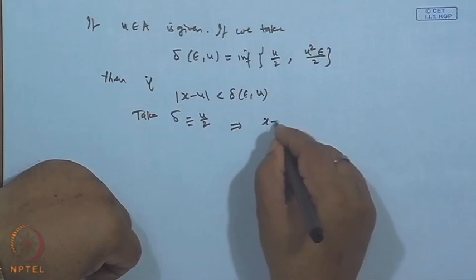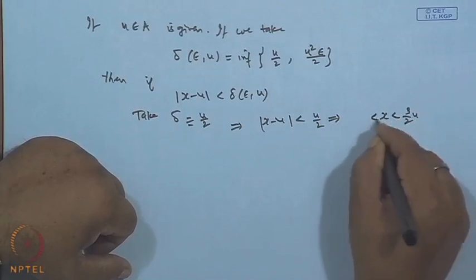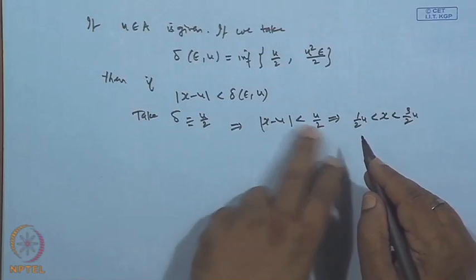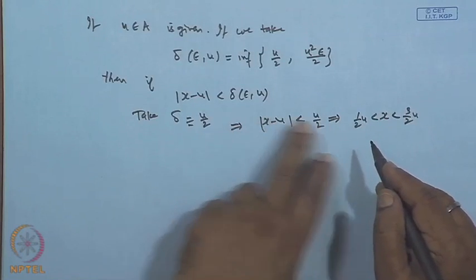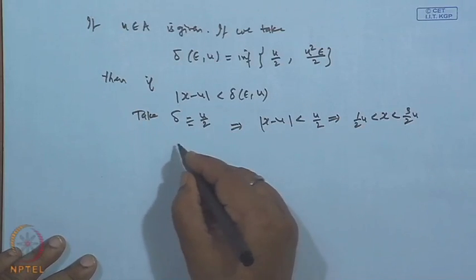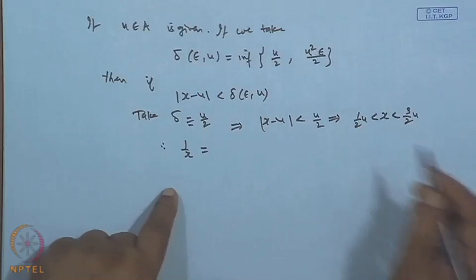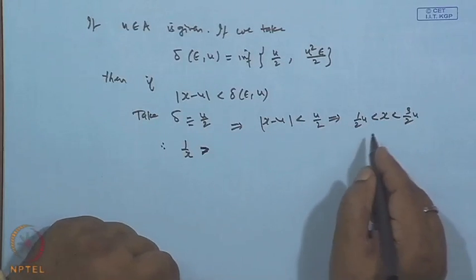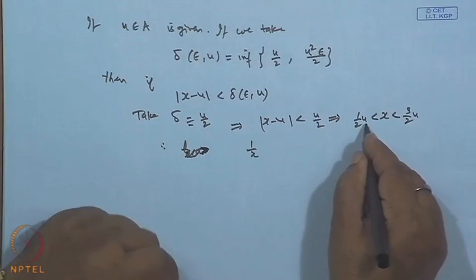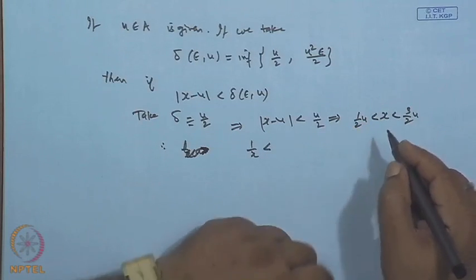This shows that x lies between 3/2 u and u/2, because x minus u is less than u/2. Therefore x is greater than u/2, so 1/x will remain less than 2/u.